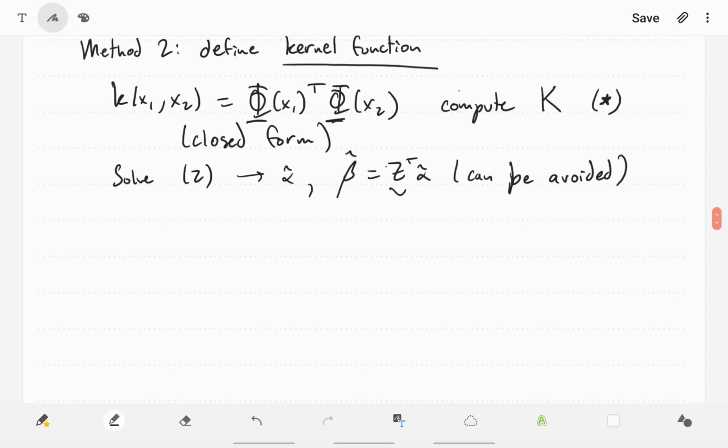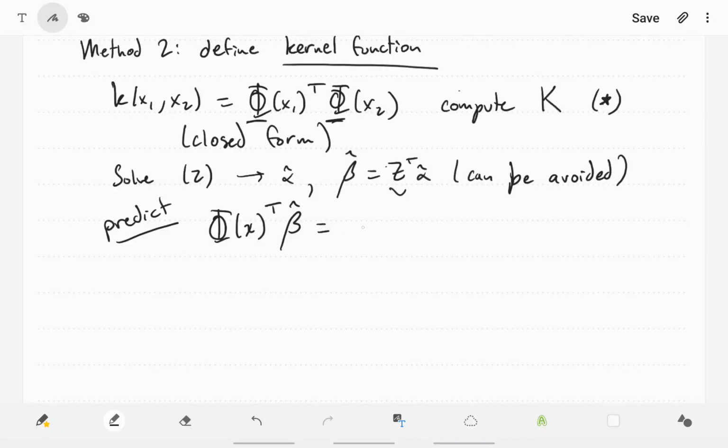It can be avoided because when we go to predict, it looks like the following thing, right? If we had access to beta hat, then what we would do when we predicted is we would take a new x, apply our high dimensional embedding, take it transpose beta hat, and that would be our new decision function, right?